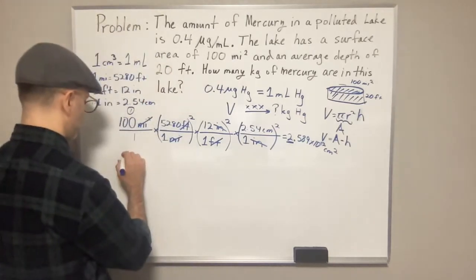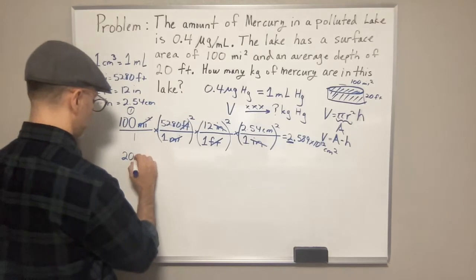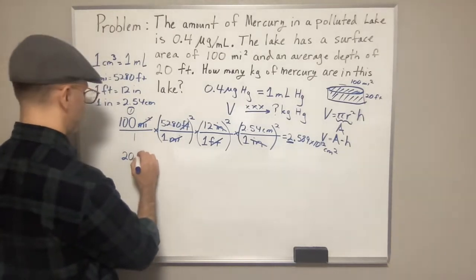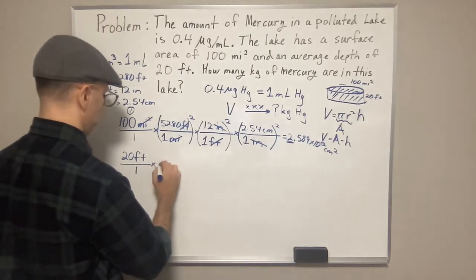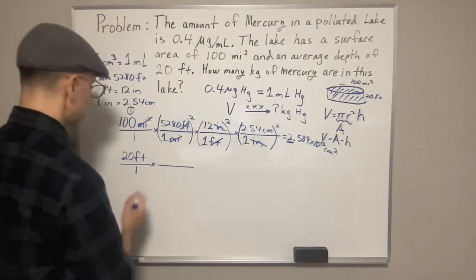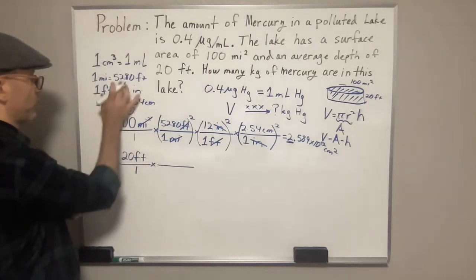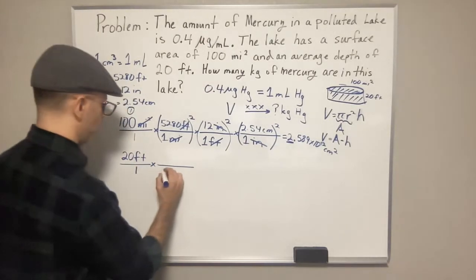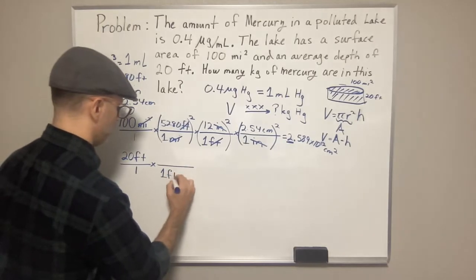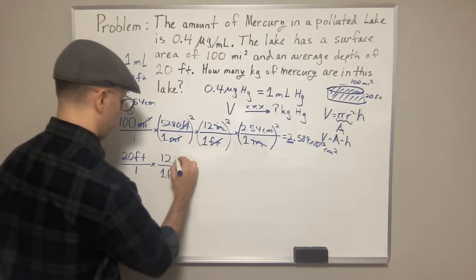So I'm going to start with 20 feet over 1. And again, I'm going to use these conversion factors, these equalities. So I know that 1 foot is equal to 12 inches.